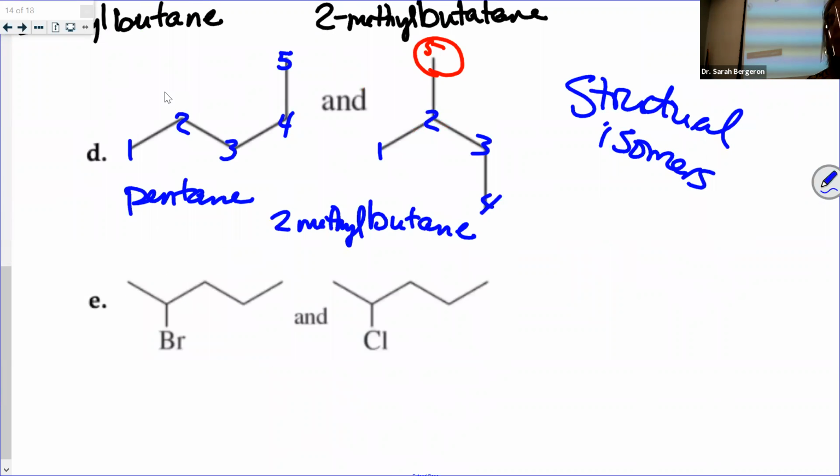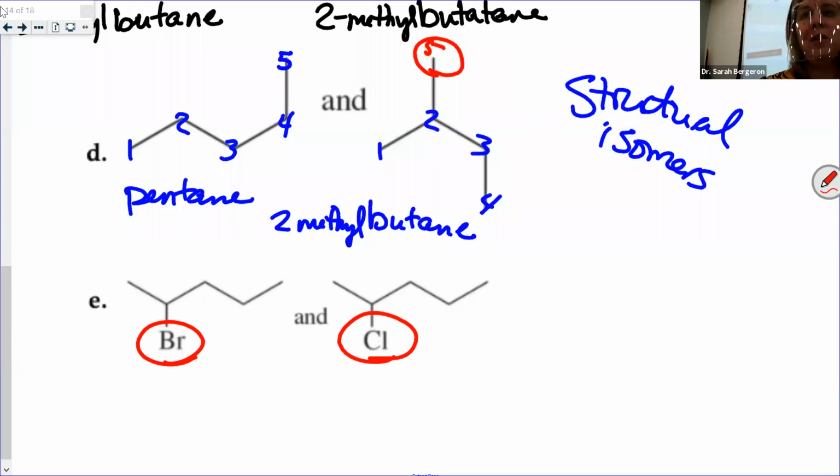Okay, E. What's your red flag here? We have different substituents. So even if your carbons are the same, 1, 2, 3, 4, 5, what are you going to have?